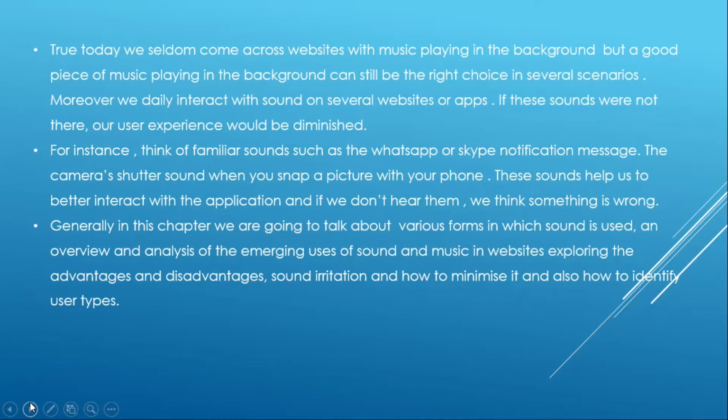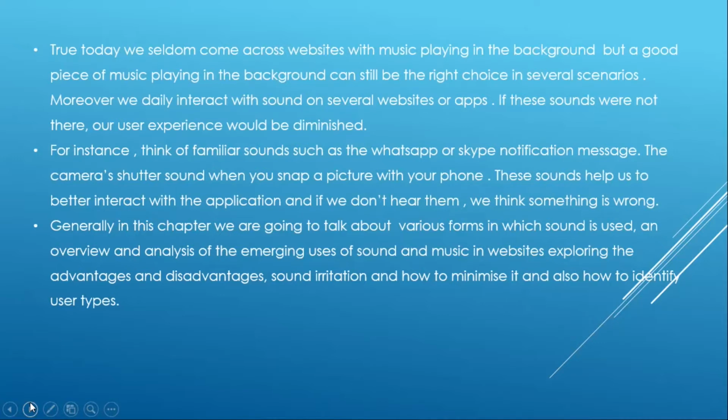When you take a picture, someone will know you have taken it when he or she hears that snap sound. So these sounds around us help us to interact better with the application. If I take the example of the camera, someone will not be sure if the camera has clicked if they do not hear the sound.